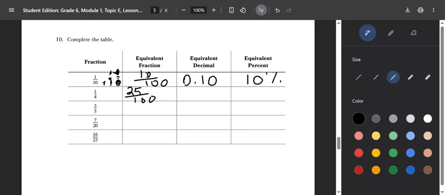And then 25 out of 100 is 25 hundredths, which is 25%.